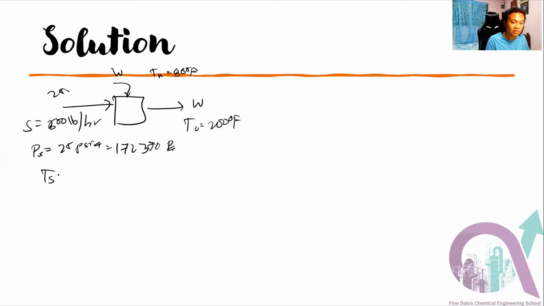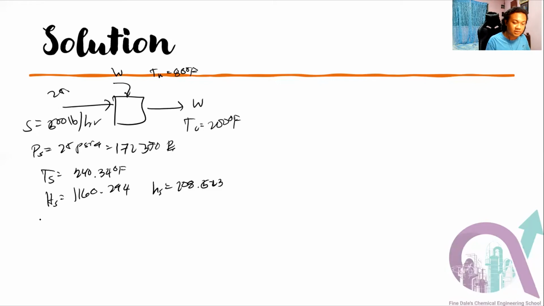So you have a TS, which is 240 degrees Fahrenheit, and then you have your HS, 1160.4. So don't be confused, I got these values from the Pascals and transformed them to BTU per LBM, using the conversion factor I provided for you in the last video.